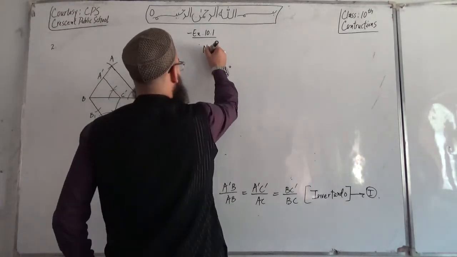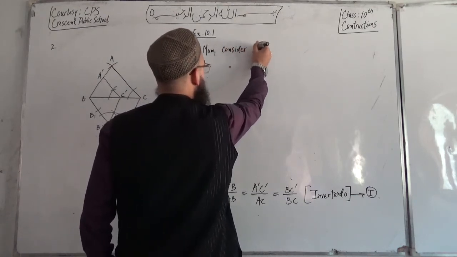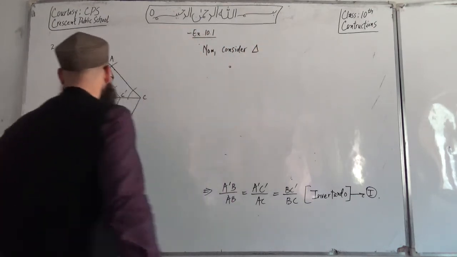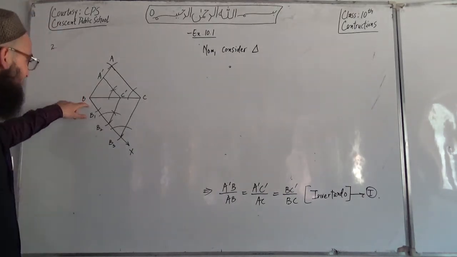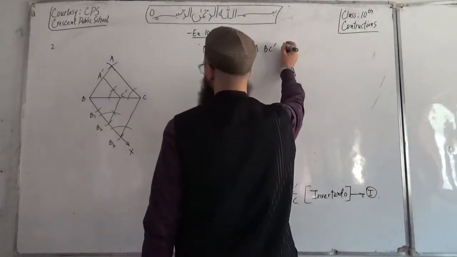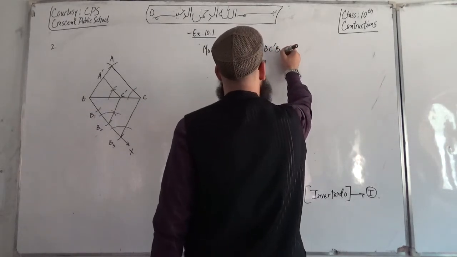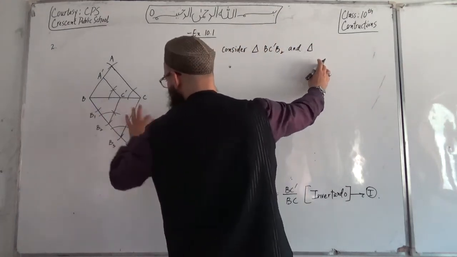Now consider triangle BC dash B2 and triangle BCB3.